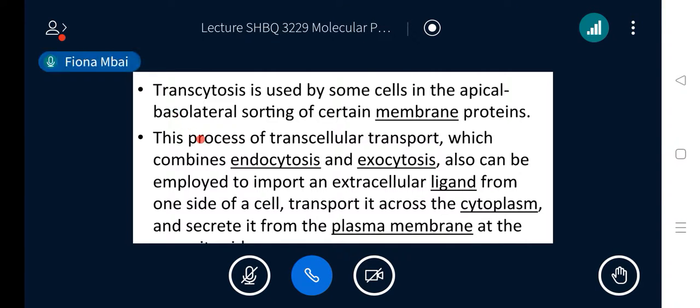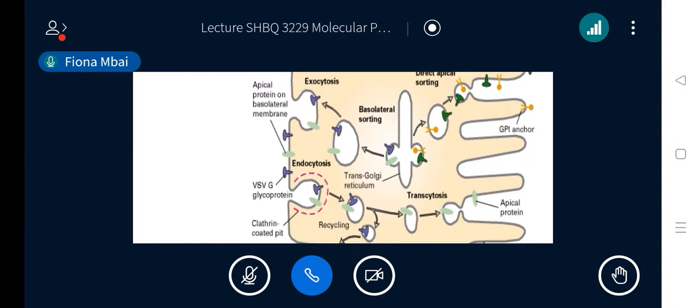Okay. And of course, we went through transcytosis. This is the apical part. Here you have a protein. Follow the protein in green. Yeah, the basolateral membrane. It goes in and it is sorted, and once it is sorted, the receptor goes back and the rest of it goes through the other side, and it can be released in the apical plasma membrane of the cell.